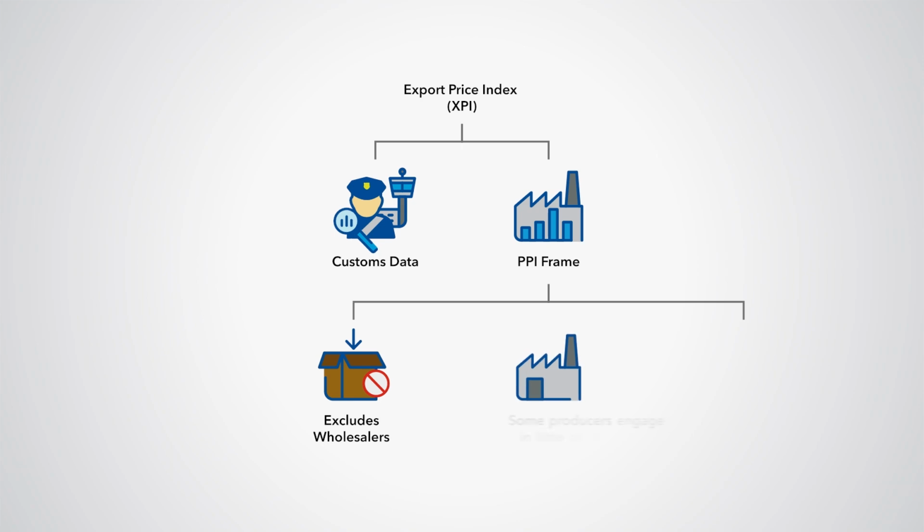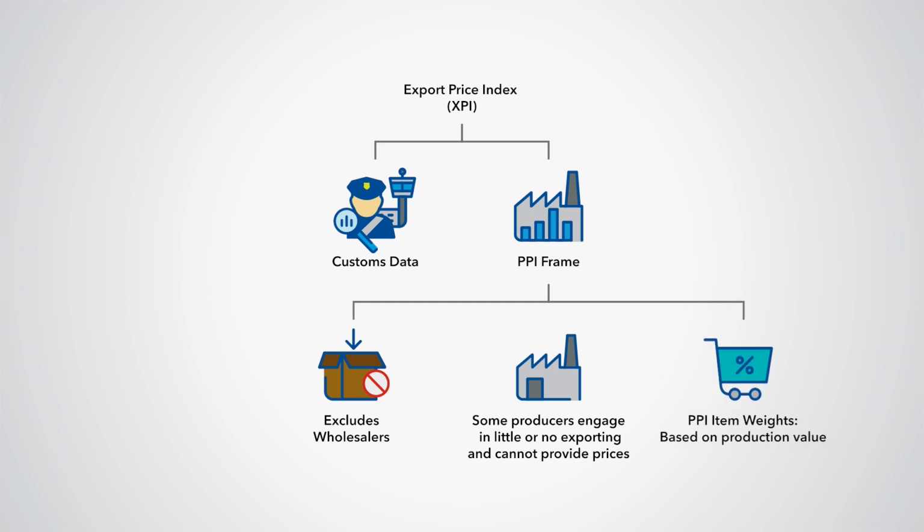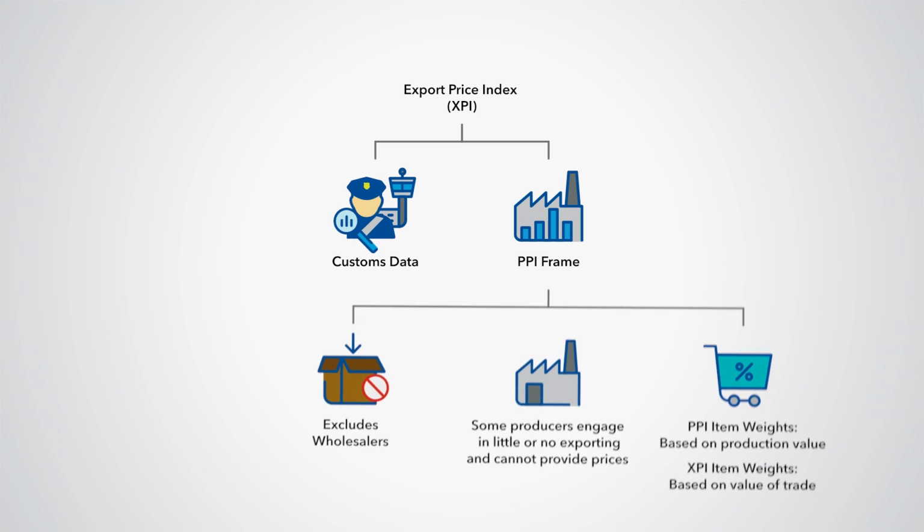In addition, some of the producers included in the PPI may engage in little or no export and will not provide prices to be used in the XPI. Finally, PPI item weights are based on production value, while XPI item weights should be based on value of trade.